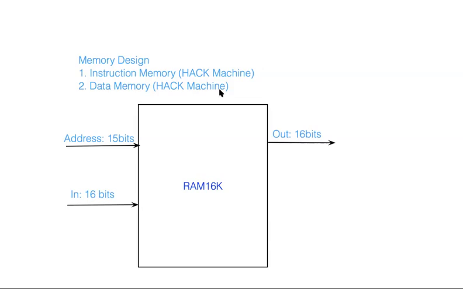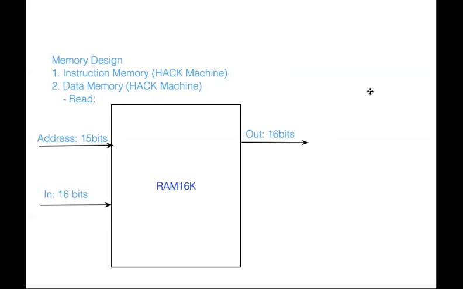So for the data memory, we have two functions. One is write, one is read. For the read function, what we want to do is, we set the address to a certain value k. This k is provided by the A instruction.